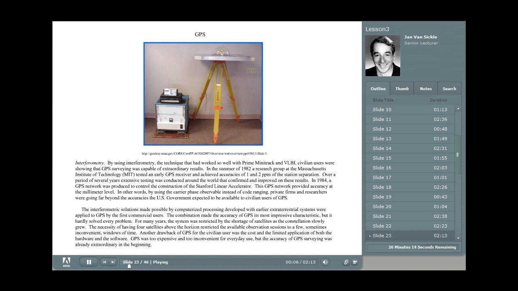Now, here's an old friend for me. This was the first functioning GPS receiver, the Macrometer. As I mentioned, it was an interferometric receiver. You see here the receiver itself on the floor next to the tripod. It was rather heavy.